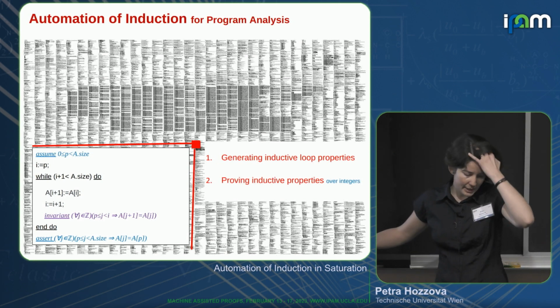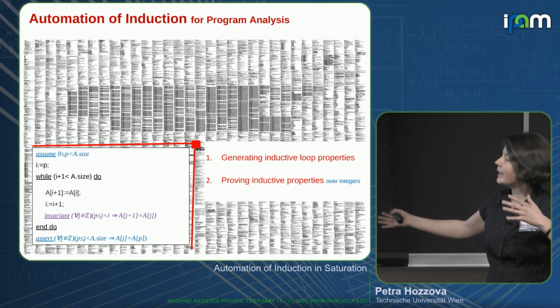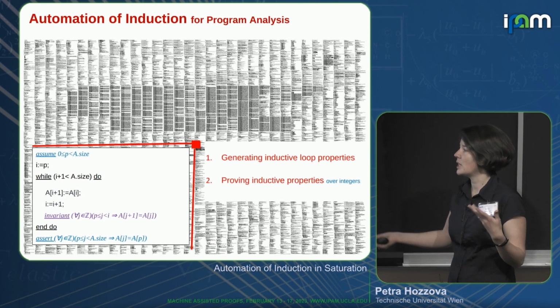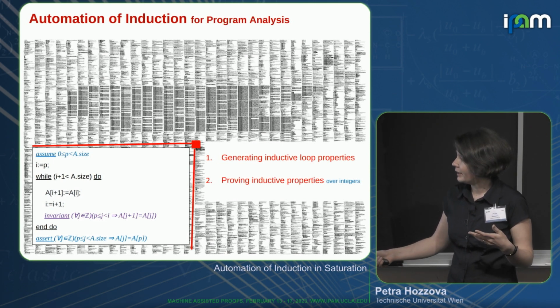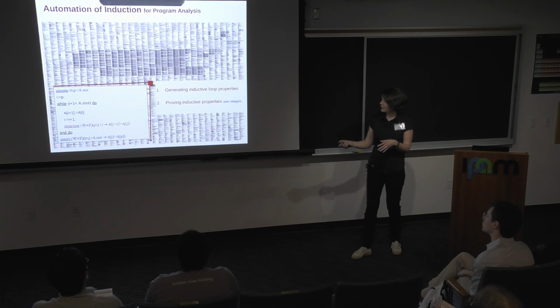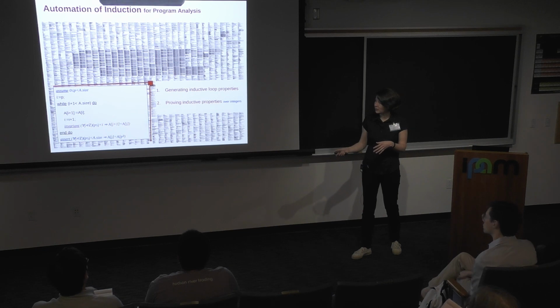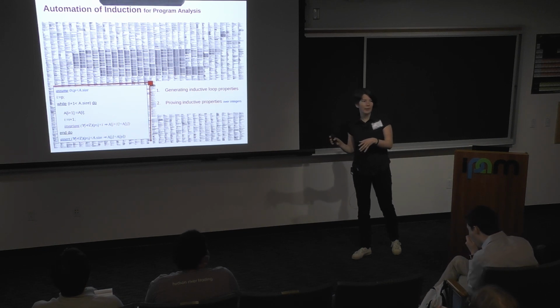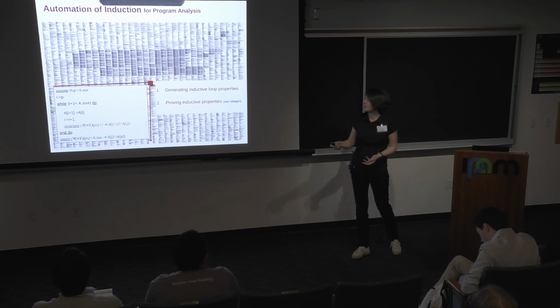And we can already see that for this, we might need some sort of reasoning with induction. Because the invariant that we have here is some property that's holding for two consecutive elements. And the thing that we want to prove here is similar in form, but it is a property that holds for all the elements.